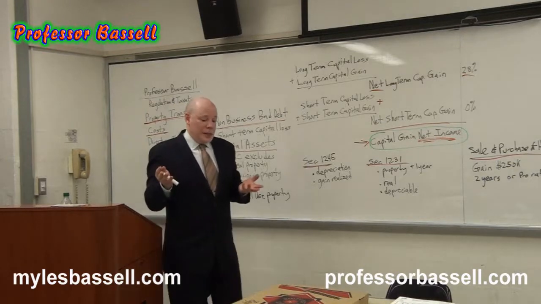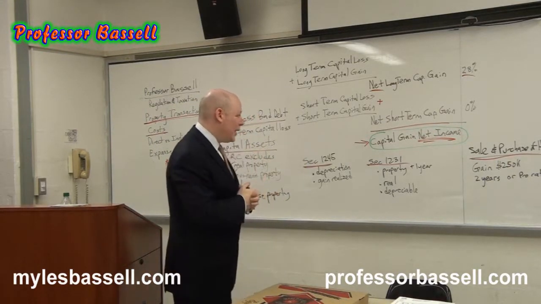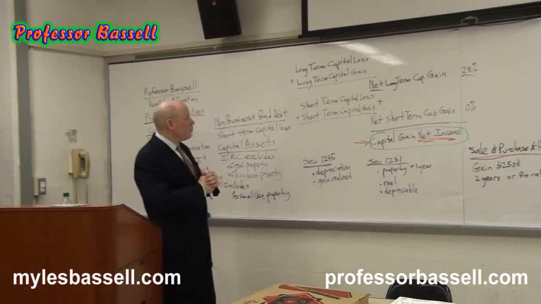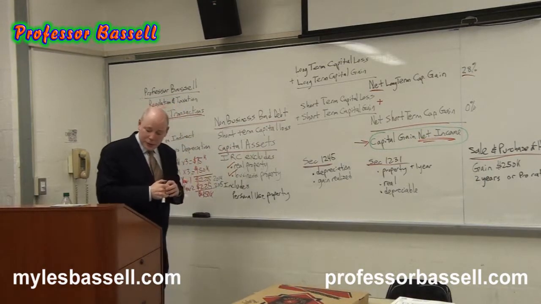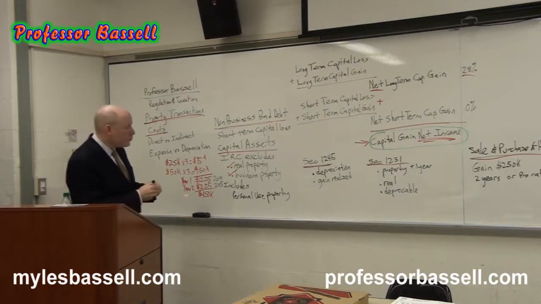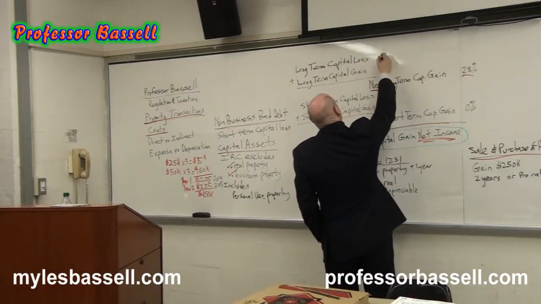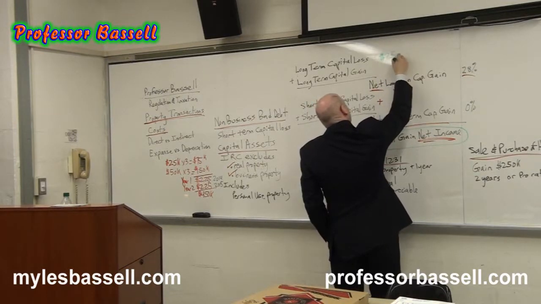Somebody told them that they needed to determine their capital gain net income. So let's see how that would come about. Let's see if we could go through some calculations. All right? Let's say that we have a long-term capital loss of $25,000.